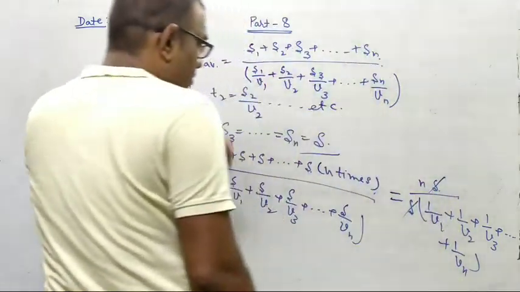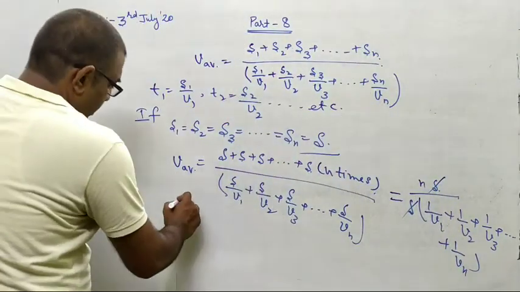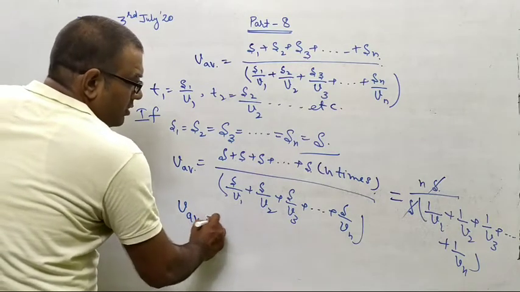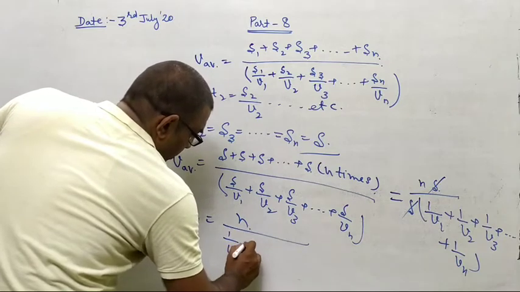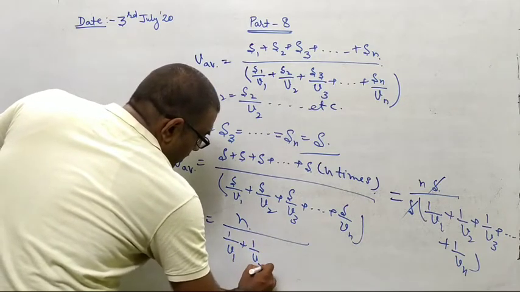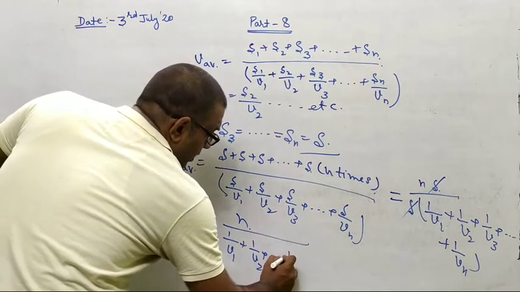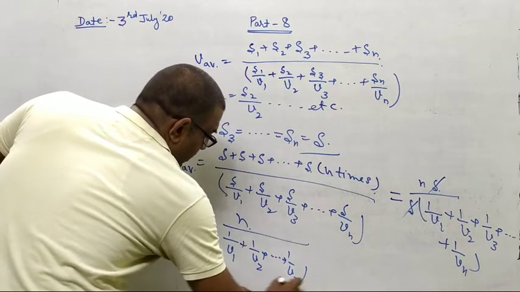S to S cancel out, and V average is equal to n upon 1 upon V1 plus 1 upon V2 plus up to 1 upon Vn.